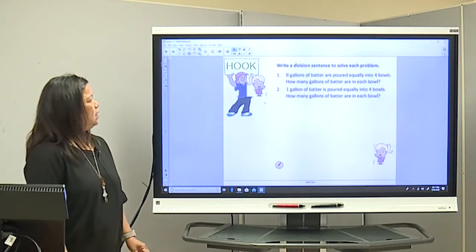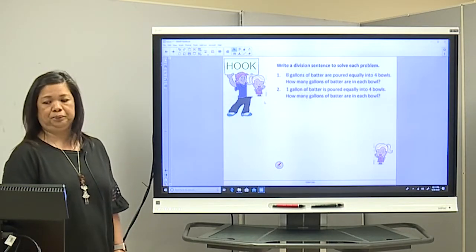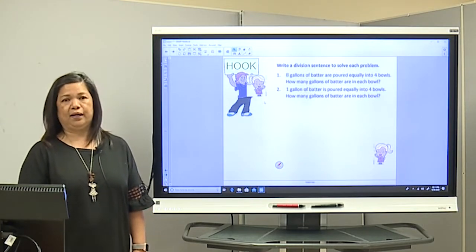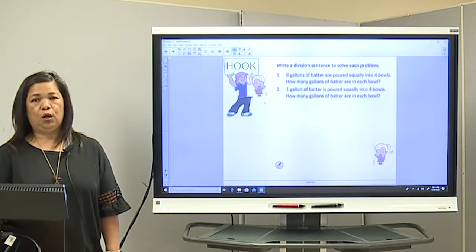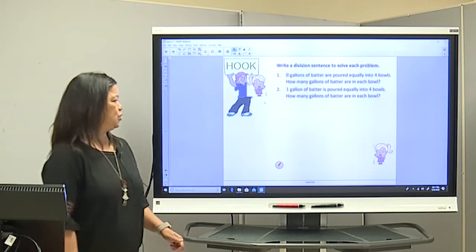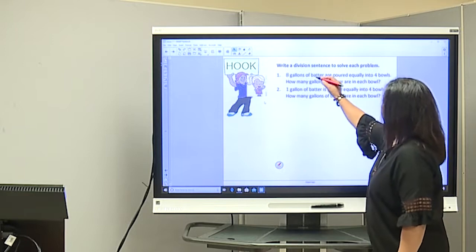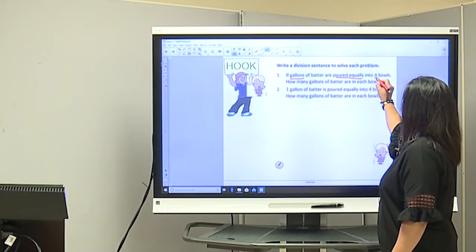Here it says, write a division sentence to solve each problem. Let's read number 1. 8 gallons of batter are poured equally into 4 bowls. How many gallons of batter are in each bowl? So what's the division sentence here? 8 gallons poured equally into 4 bowls.